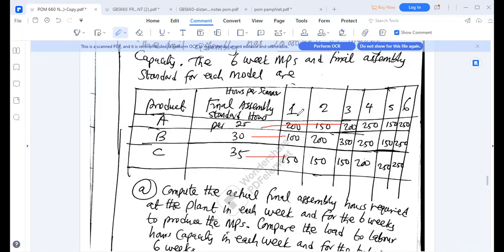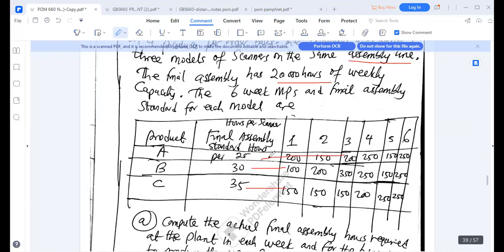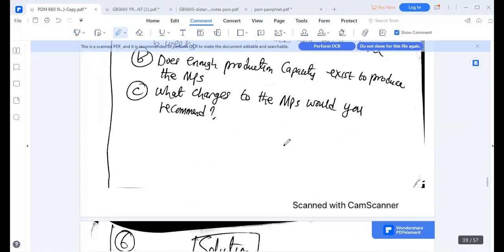These are weeks, so we can find the totals for each of them. For A we have these ones, for B we have these ones, and for C we have these ones.